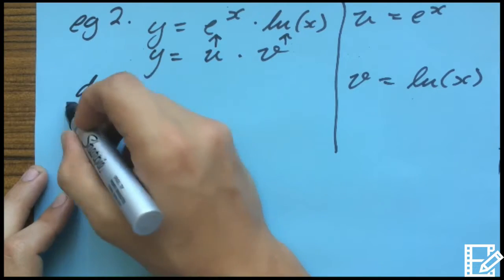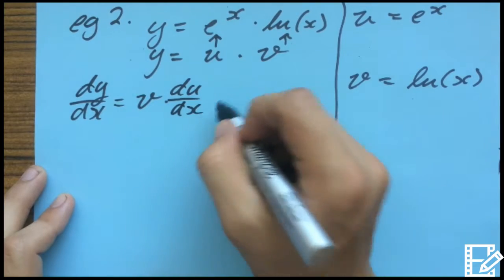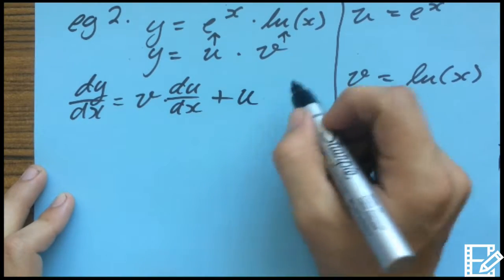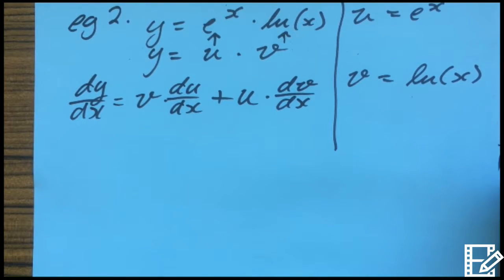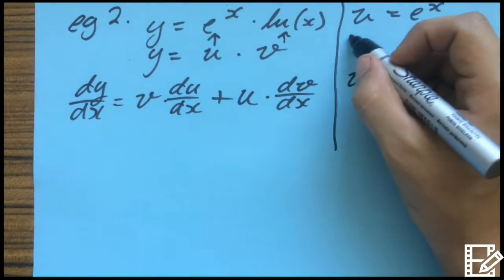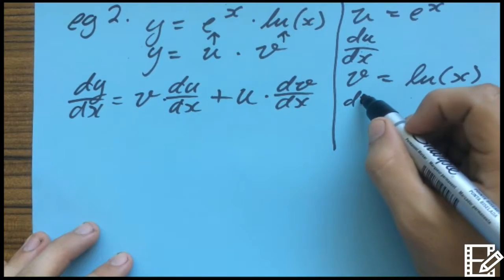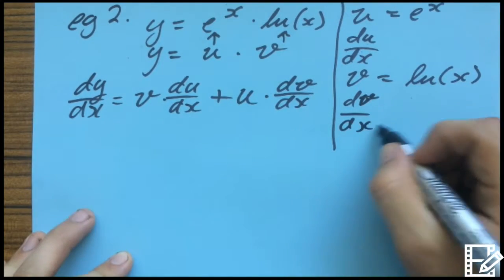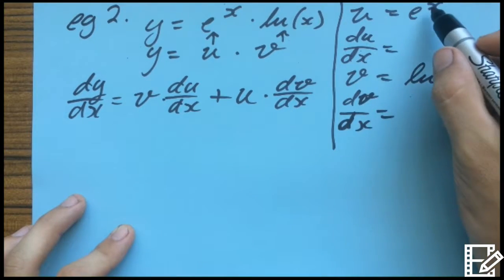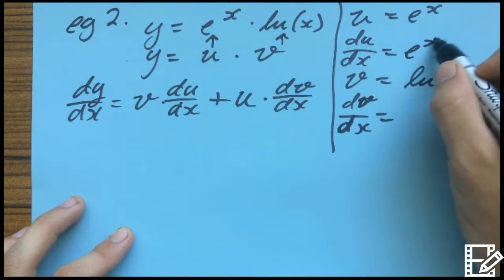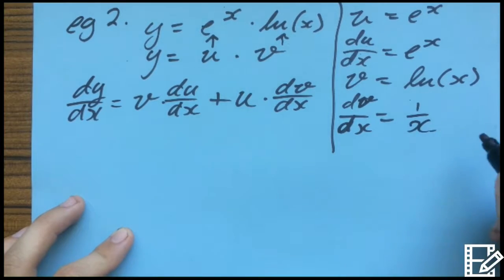So if we write the derivative, we have v multiplied by the derivative of u, plus u multiplied by the derivative of v, with respect to x. So, we need to find the derivative of u and the derivative of v. The derivative of e to the power of x is just e to the power of x. The derivative of ln x is 1 over x.